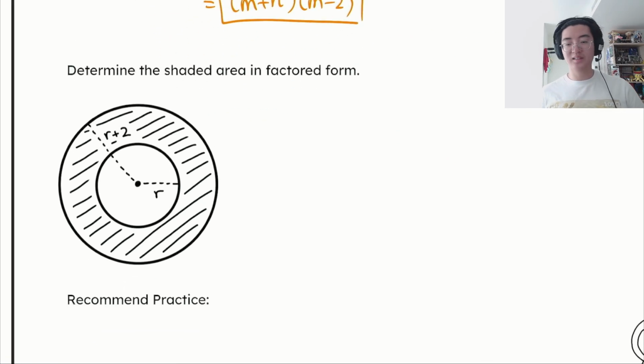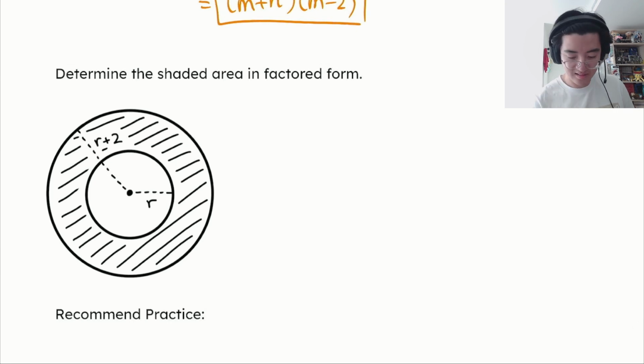Here's the last one though. Here's another big area minus small area kind of question. To find the area here, do the big area subtracting by small area. Of course, remember our formula.